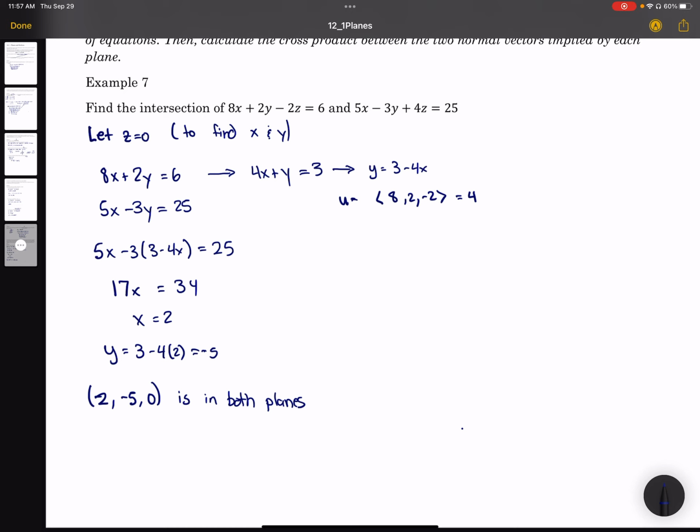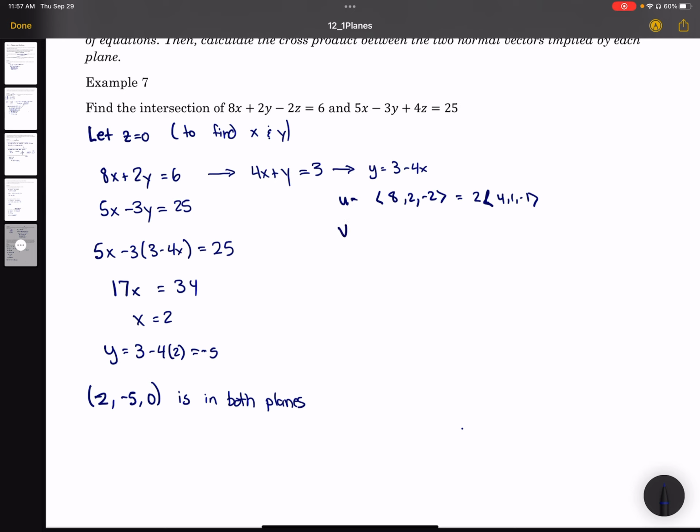So that's equal to 2 times the component 4, 1, negative 1. So we can just keep the 4, 1, negative 1, and it's the same thing.